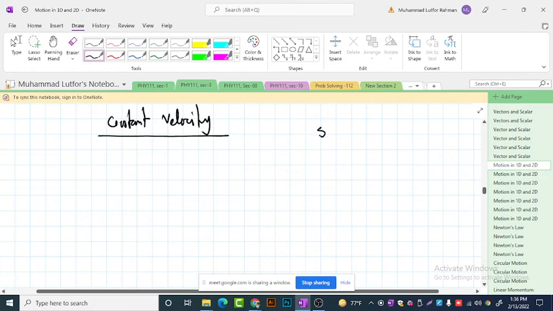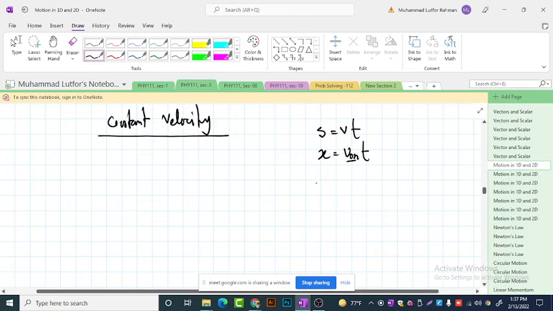Probably you use the equation s equal to vt, right? In the case of constant velocity. But I will write my equation as x equal to v naught x t, which is exactly the same equation. Here v naught x is the initial velocity along the x direction. We have to mention that.